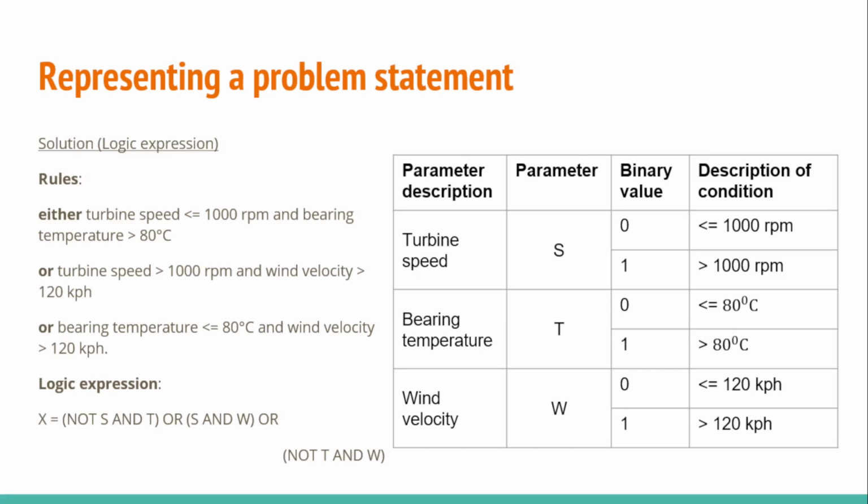Now, we are going to combine these rules using the OR gate. The individual rules, not S and T, or S and W, or not T and W. This is our logic expression for the given problem statement.